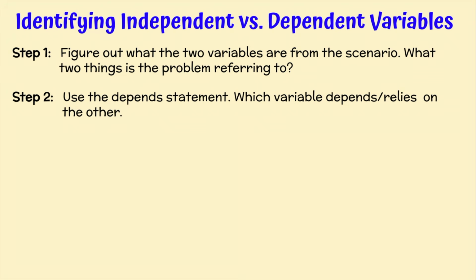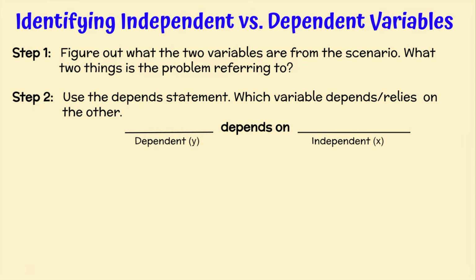Which variable depends or relies on the other? Our first blank of our depends statement is our dependent variable, which we said is always going to be the y variable. The second blank is our independent variable, or the x.